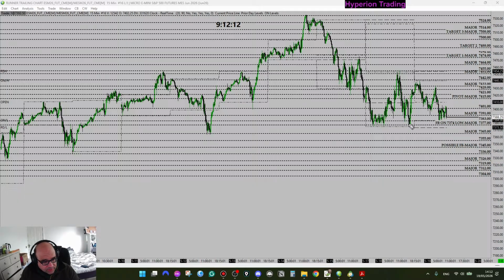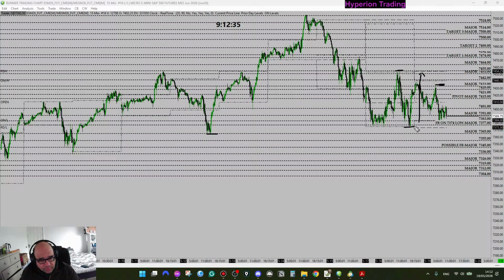I want to see this low or even this low taken out and then reclaimed. Then I can go long, having possibly this area as my first TP and maybe this as my second TP, and just play the range to the long.